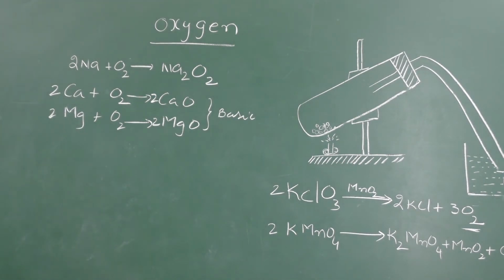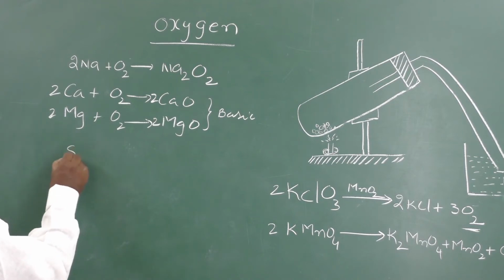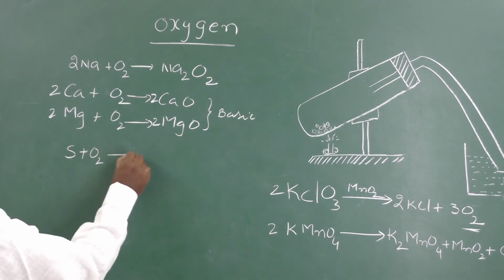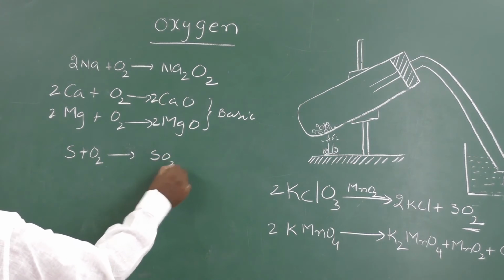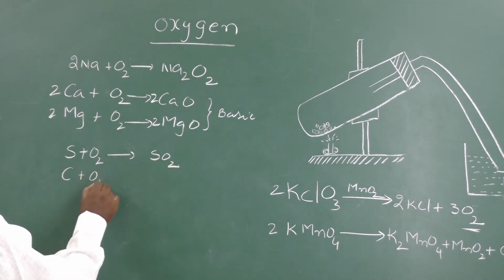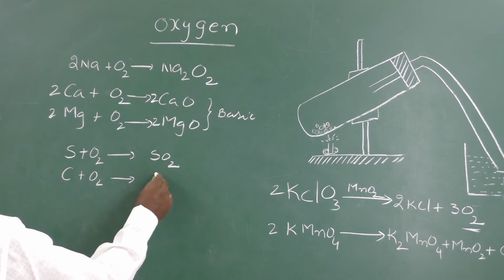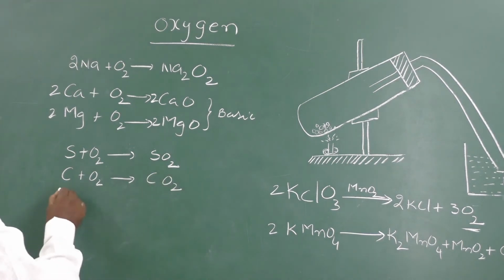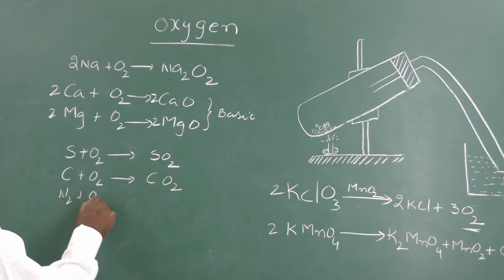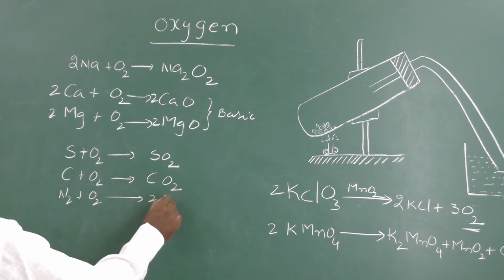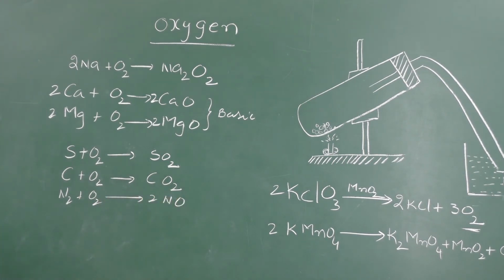Similarly, non-metals like sulfur burn in the presence of oxygen to give sulfur dioxide, carbon burns in the presence of oxygen to give carbon dioxide, and nitrogen reacts with oxygen in the presence of an electric arc to form nitric oxide.